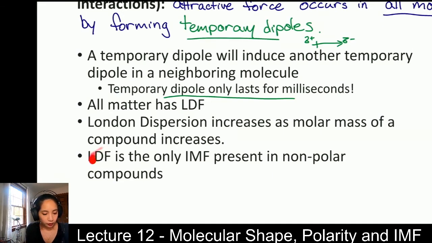So London dispersion, super important with nonpolar compounds. And the big thing that I want you to get at is that London dispersion, that force increases as molar mass of your compound increases. And I'll show you an example in the next slide.